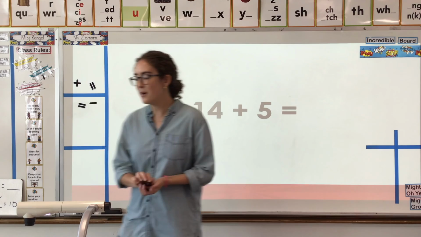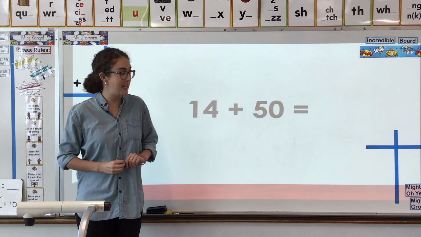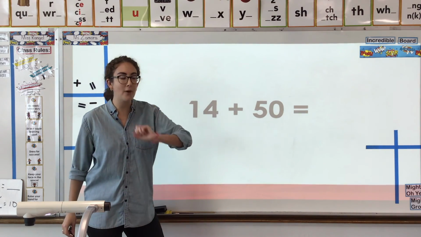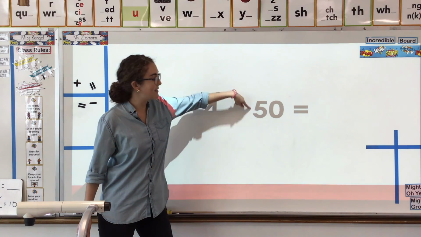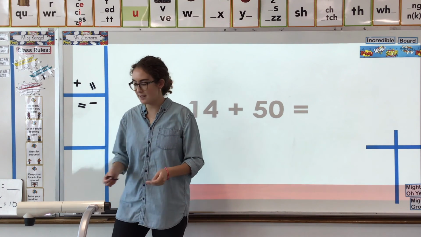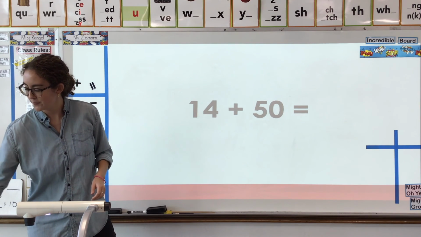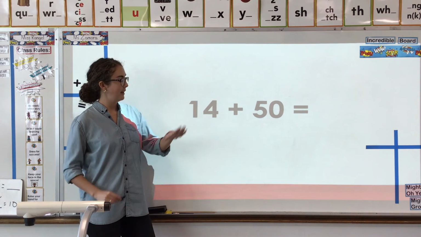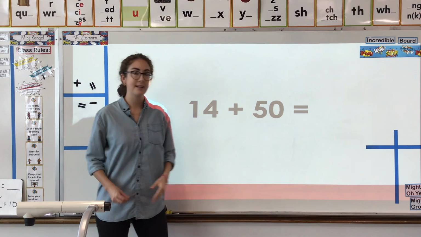What about 14 plus 50? The 5 changed places, so be careful. 14 plus 50. The 5 is now in the tens place. So how does that change our answer? We have the tens and the ones.